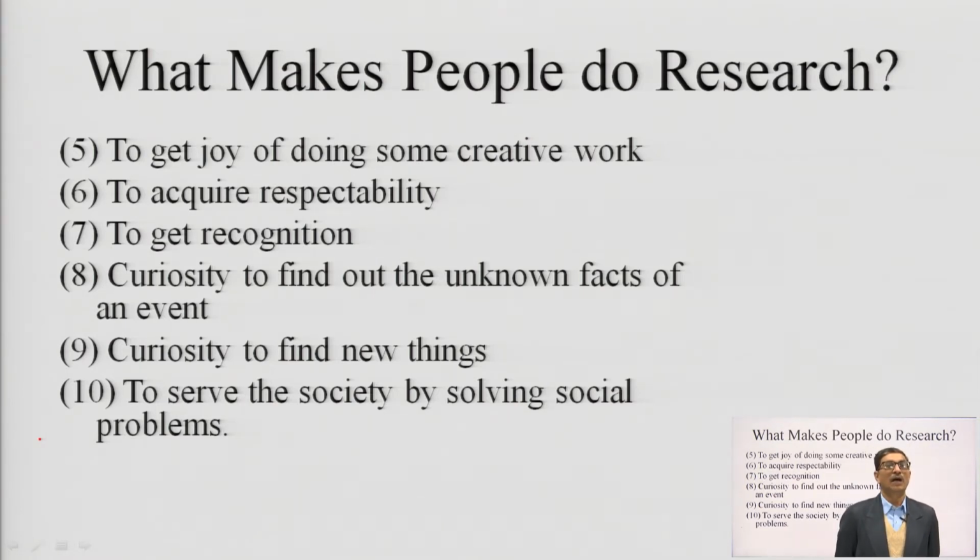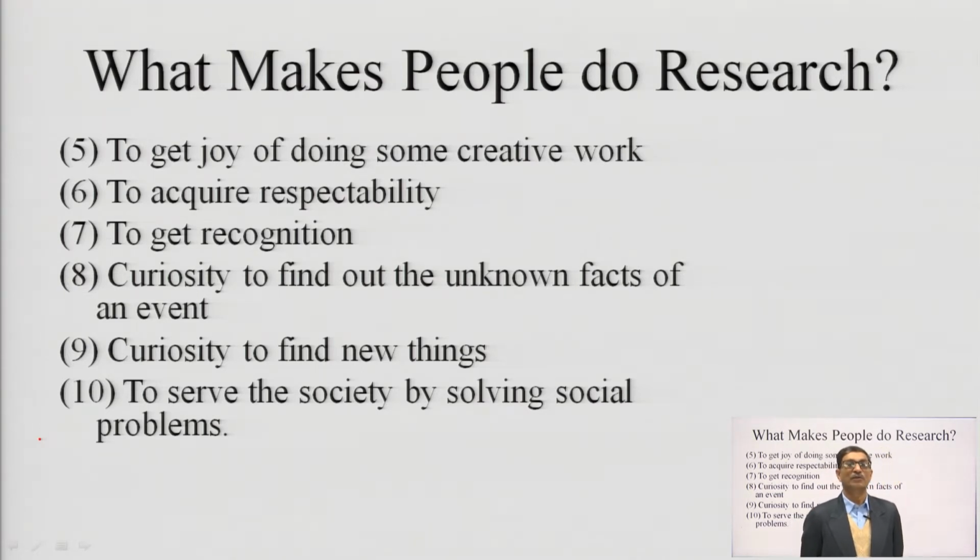Next is to acquire respectability, as in our society research scientists are respectable persons. So, people do research to acquire respectability or a respectful position in society, or to get recognition. The next motivation point is curiosity to find out the unknown facts of an event.